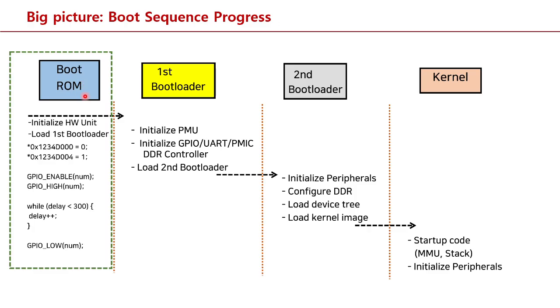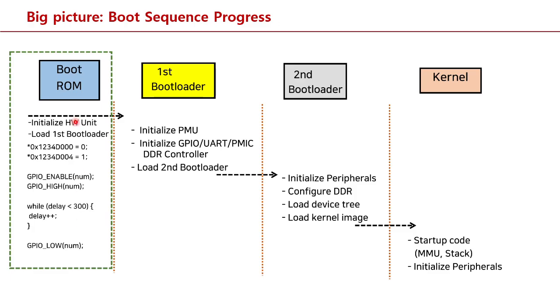Boot ROM has a basic initialization assembly block to initialize hardware units, such as the PMU and clock controller and so on. So the assembly routine inside boot ROM is very simple.